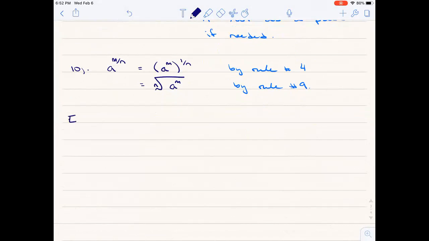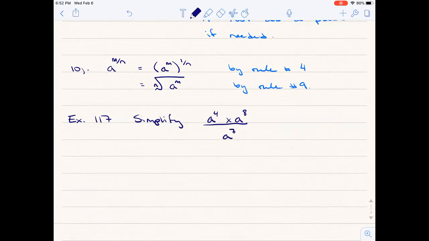Let's do example 117, which just says to simplify a to the power of 4 times a to the power of 8 over a to the power of 7. So we want this, right?